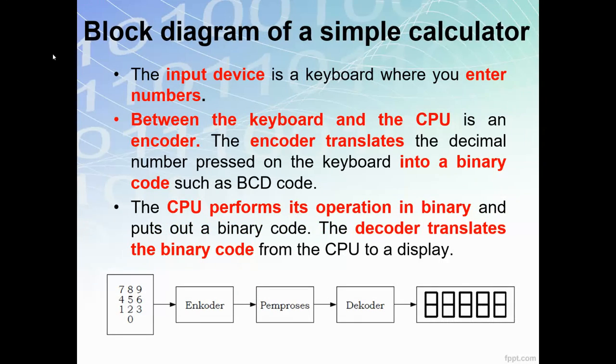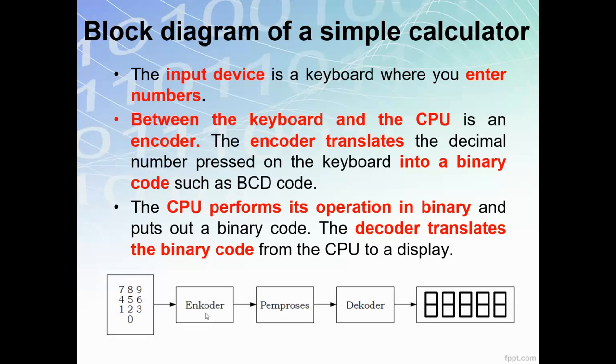Okay, so in order to simplify the process of the calculator using a code converter, the input device is a keyboard. Kita ada keyboard number, and when you enter the numbers, between the keyboard and the CPU, dia ada satu encoder. So the encoder will translate the numbers that you entered from the keyboard into a binary number, normally a binary coded decimal number.